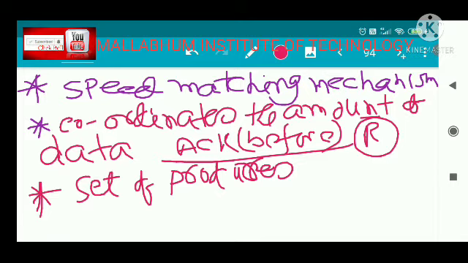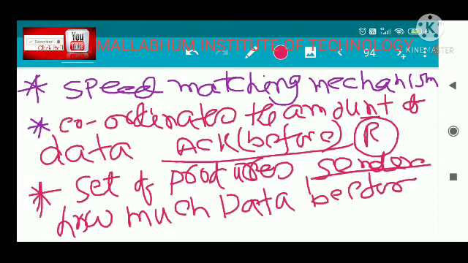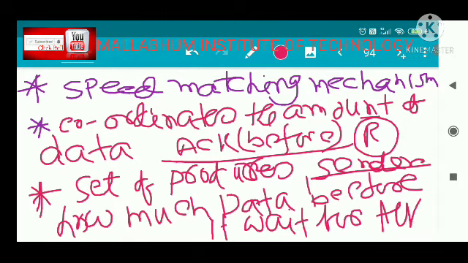This is the third point provided by the flow control mechanism.